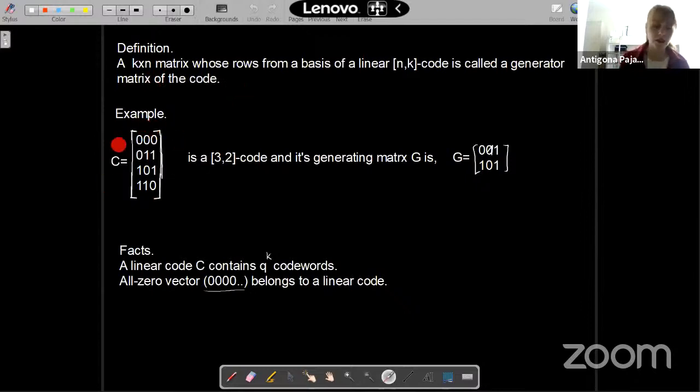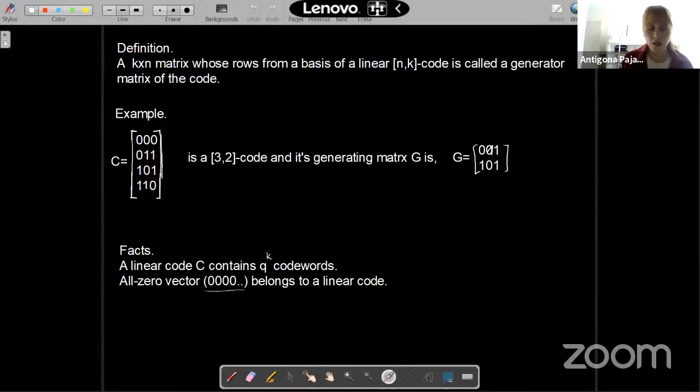If this is our linear code, as you can see, it is a [3,2] code, because the length of the code word is 3 and 2 is the dimension. Why? Because I can check these code words one by one and see that the generator matrix will be 0, 1, 1 and 1, 0, 1, because these are two code words that are linearly independent.